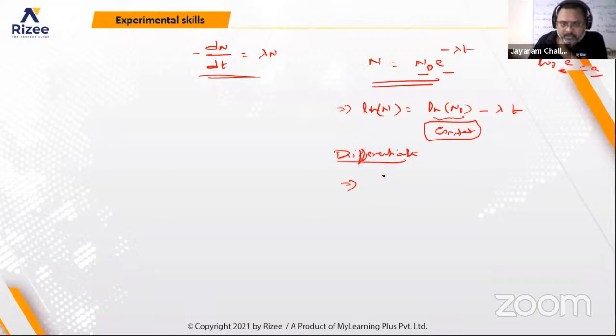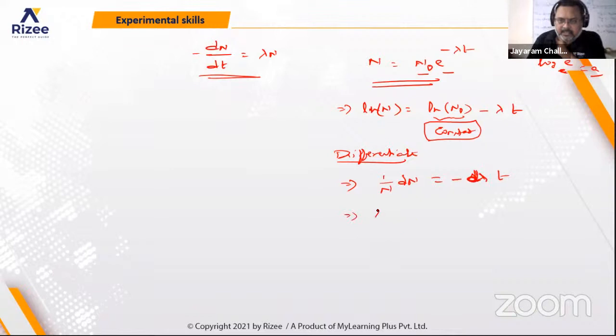So ln n gives 1 by n into dn by dt. The constant will be 0. With respect to lambda, this will be equal to minus of delta lambda into t for a given time interval, or d lambda, differentiating with respect to d lambda.